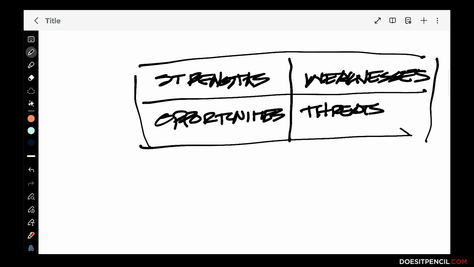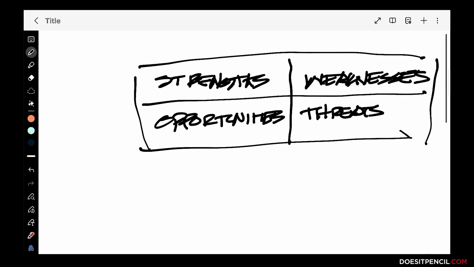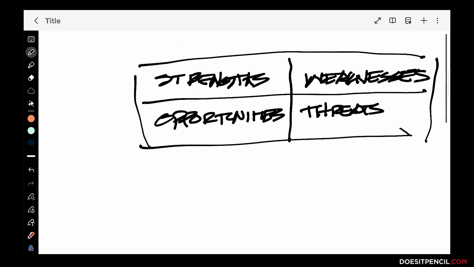Now, these strengths and opportunities, you can think of these as helpful. And the weaknesses and threats, these would be harmful. So that's the way the y-axis goes.